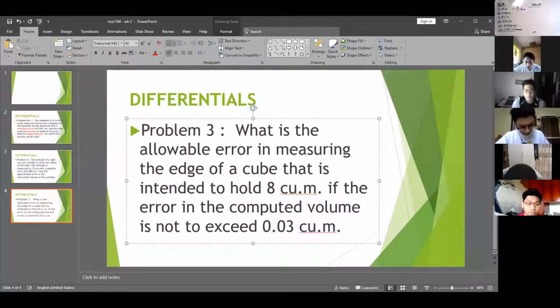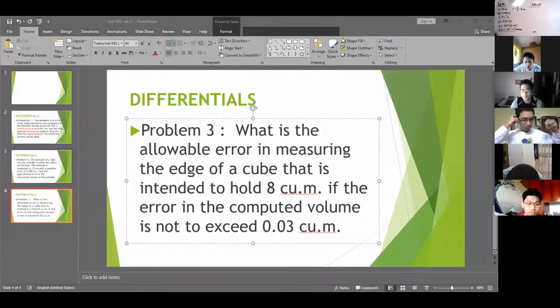For problem number 3, what is the allowable error in measuring the edge of a cube that is intended to hold 8 cubic meters if the error in the computed volume is not to exceed 0.03 cubic meter?